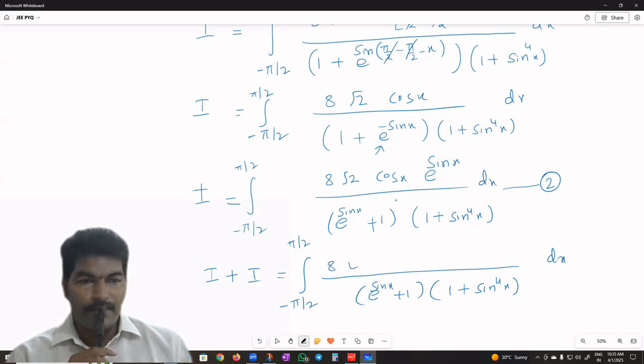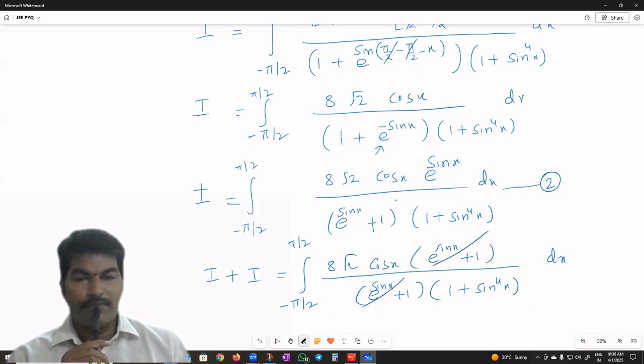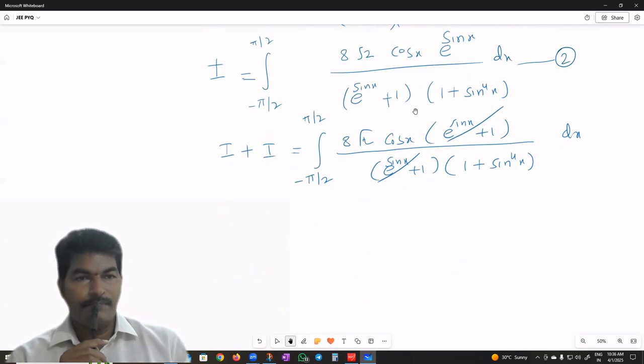8 root 2 is also a common coefficient, and cos x is also taken common. Then you can see e power sin x plus 1 is left after adding the two quantities together. So e power sin x plus 1 in the numerator and denominator got cancelled.